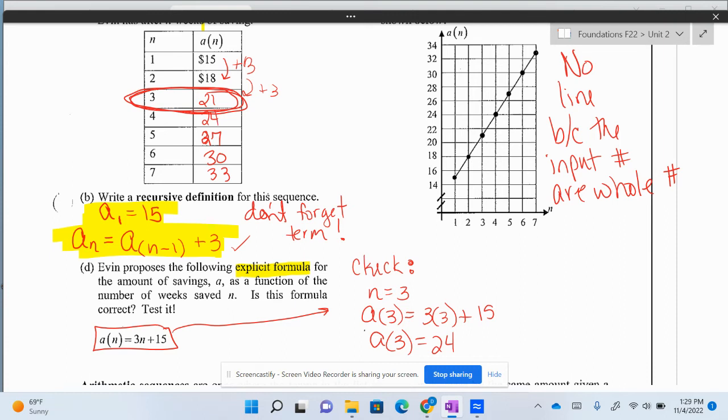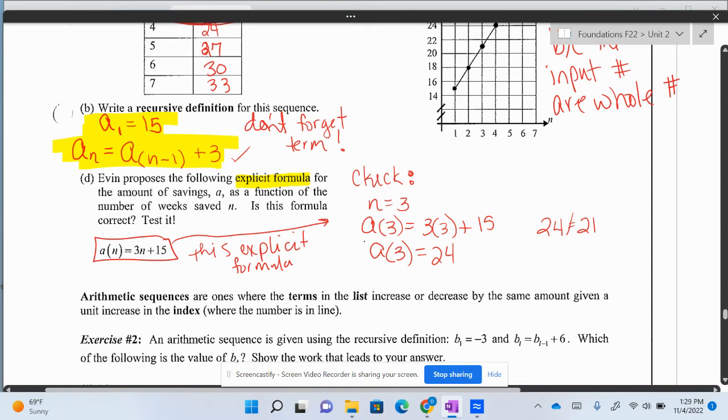Are those the same? Does 24 equal 21? No. So this explicit formula is incorrect. So they just wrote it down wrong.